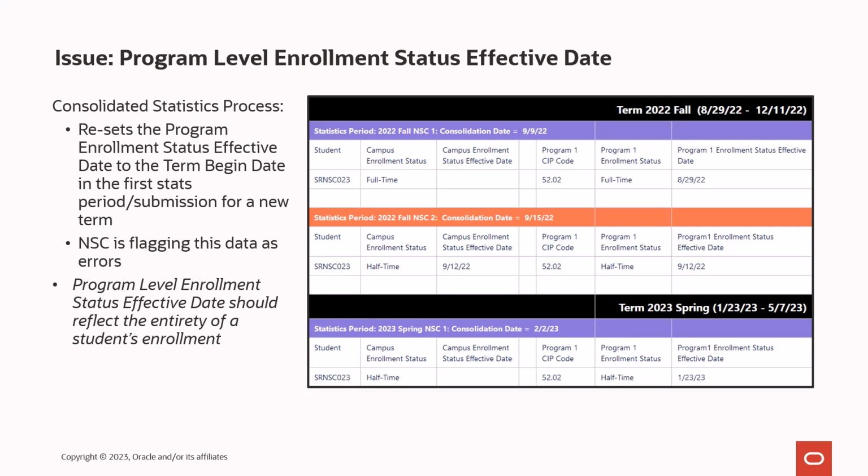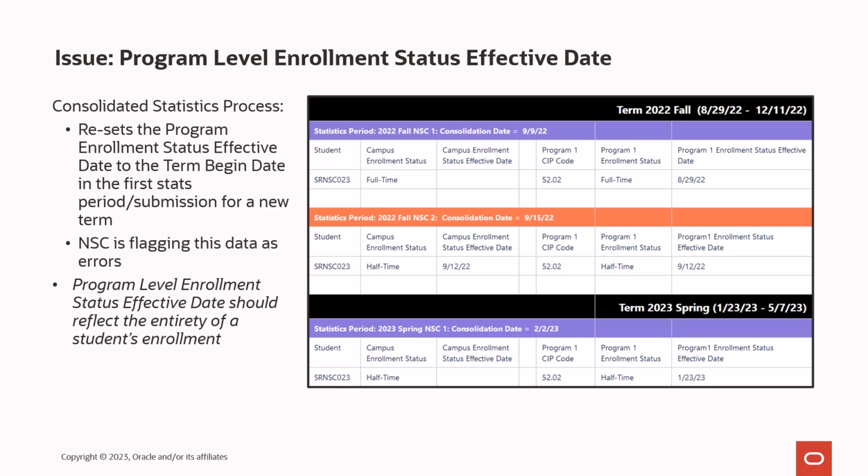In this simple example, a student starts out as full-time in the first NSC statistics period for fall 2022. Thereafter, the student drops to half-time and is reported in the next fall 22 statistics period as half-time for Program 1, with an enrollment status effective date of September 12th, 2022. The student subsequently enrolls for spring 2023 as half-time.